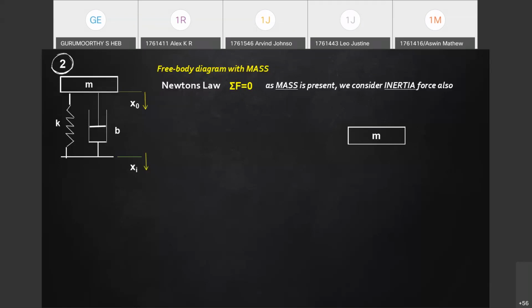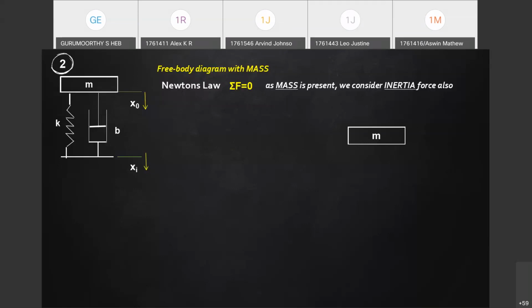One force is due to inertia, one force is due to the stiffness, the spring, and another force is due to the dashpot. At mass m, the given displacement is x naught. So the inertia force is only related to x naught. Newton's law says inertia force is equal to mass into acceleration. If x is the displacement, its first time derivative x dot will be velocity and x double dot will be acceleration.